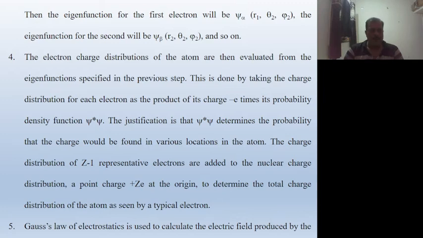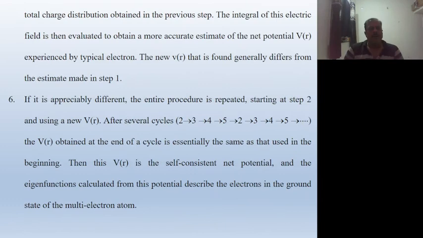Now the fifth step: Gauss's law of electrostatics is used to calculate the electric field produced by the total charge distribution obtained in the previous step.